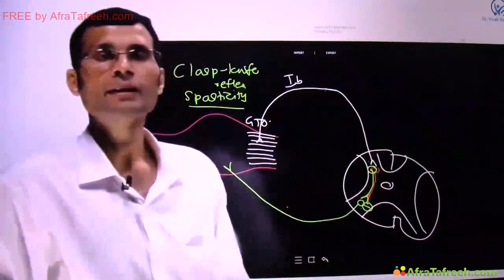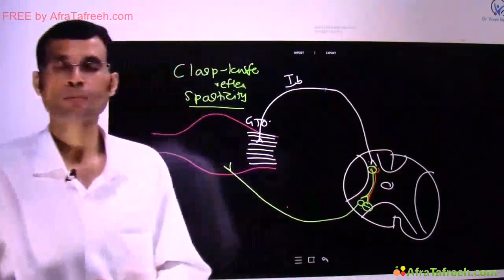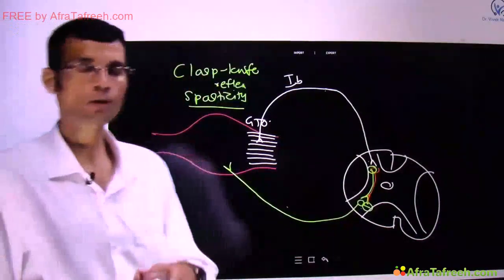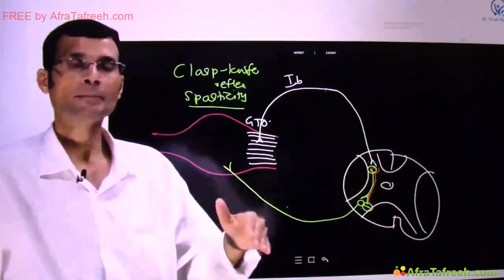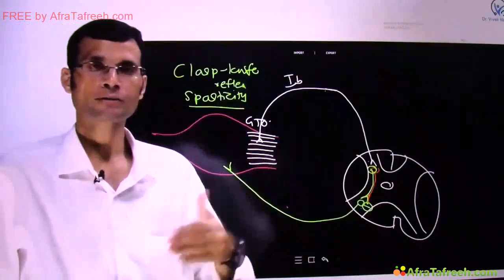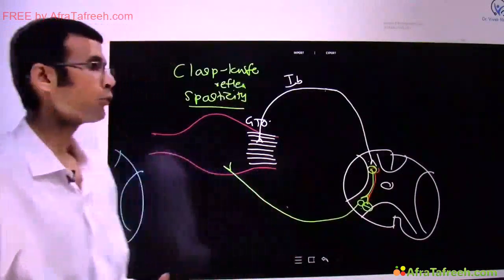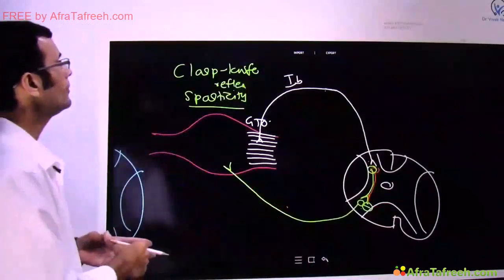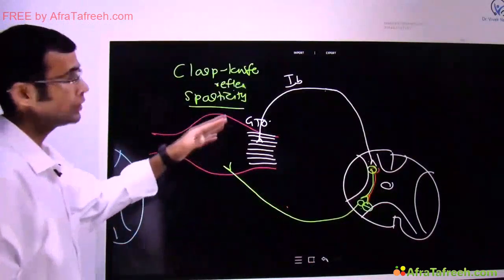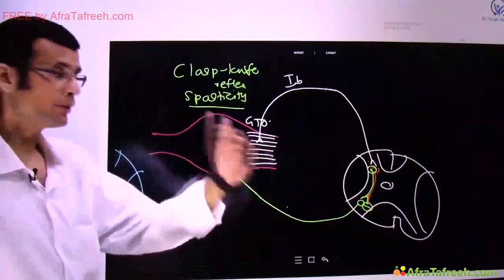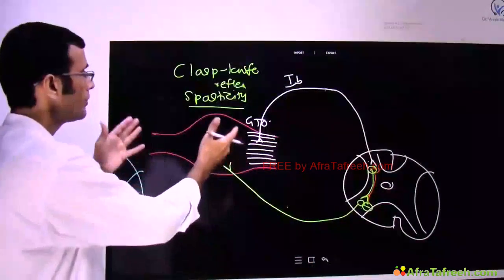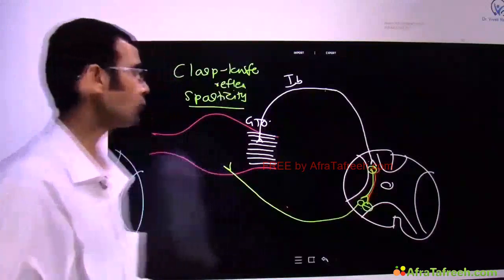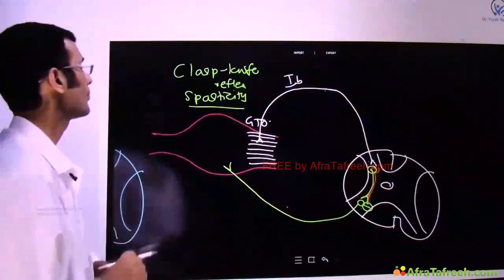In the pyramidal lesions, which is an upper motor neuron type of lesion, we have already said that in upper motor neuron lesions, that inhibitory influence on the lower motor neuron is gone, and therefore the lower motor neuron fires excessively. That's now seen as increased muscle tone. So imagine that the muscle tone is increased in the pyramidal tract lesion.